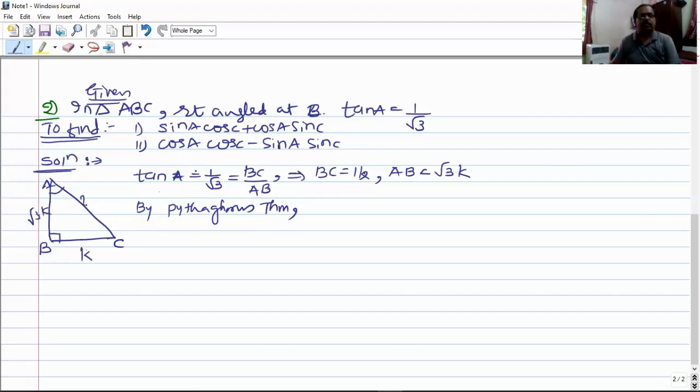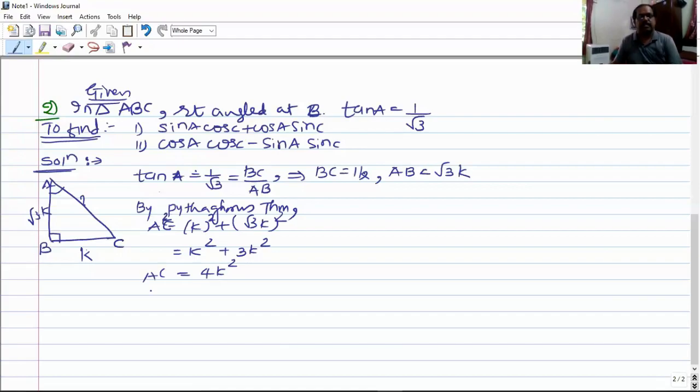So I need to find AC. Again the hypotenuse is to be obtained. So AC square equals, by Pythagoras theorem, hypotenuse square equals sum of the squares of the other two sides. So it is k square plus root 3k the whole square. Taking the squares, root 3k the whole square becomes 3k square. So it will be 4k square, the value of AC square.